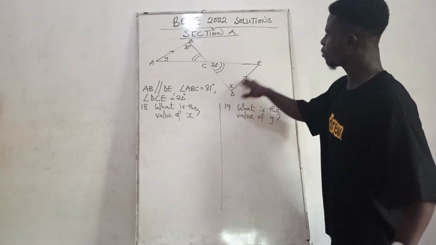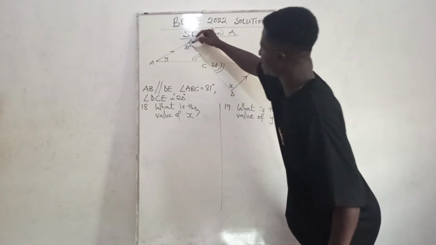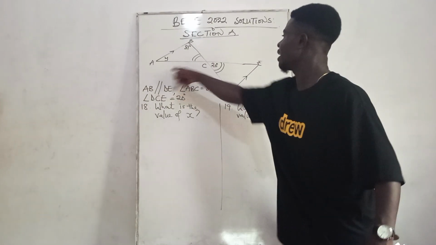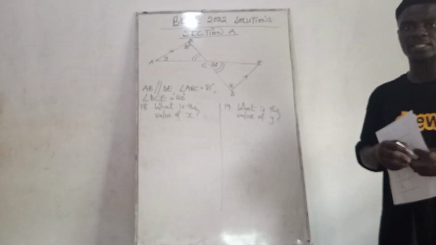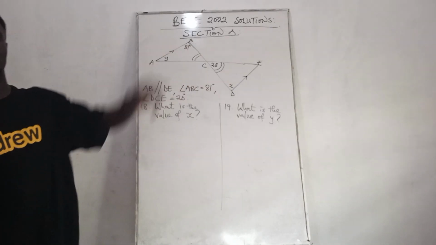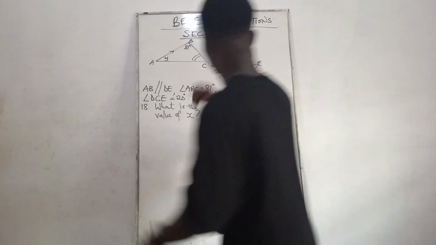Now, since they are parallel, I can say that these two lines, BD and AE, are transversals. They are transversals because they cut across two parallel lines. So now I can say that we have what?